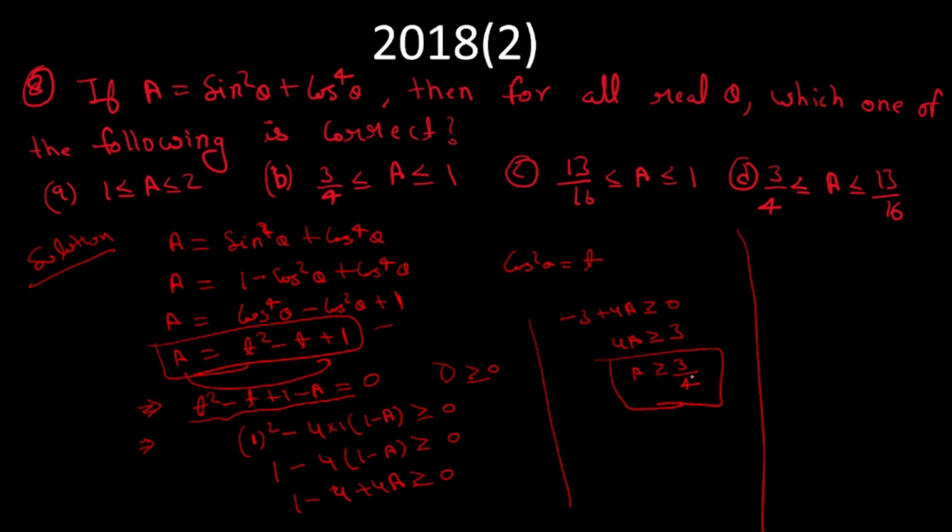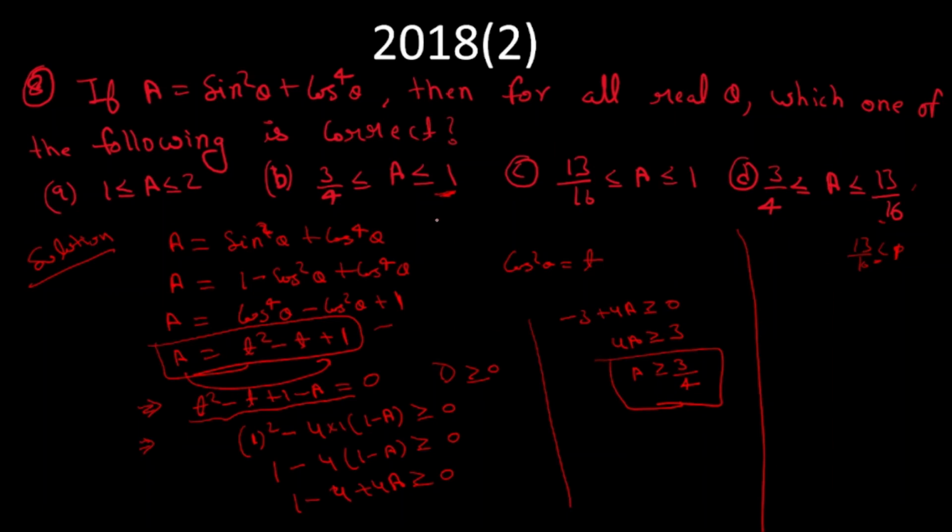And what is the maximum value? For finding the maximum, what will we do here? We know that 13 upon 16 is less than 1, but it may take the value 1.